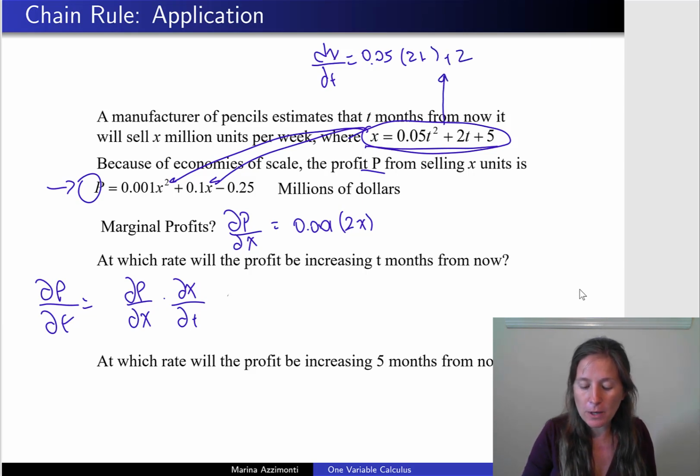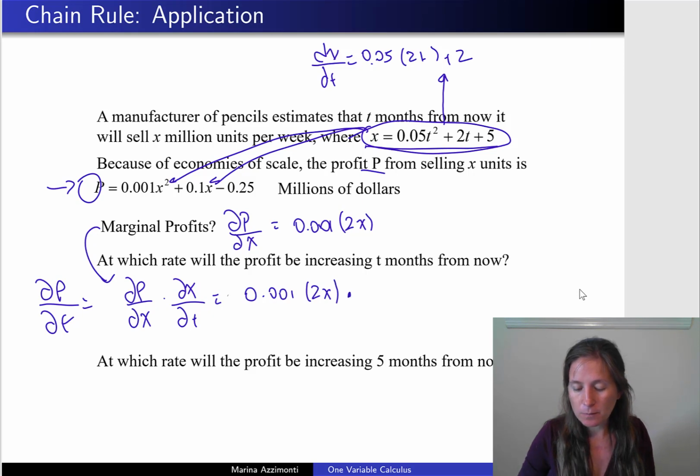What is the change in P in profits when you change X? That's marginal profits. We computed it already. So it's going to be 0.001 times 2X times the change in X when you change T, which is 0.05 times 2T plus 2. Okay?